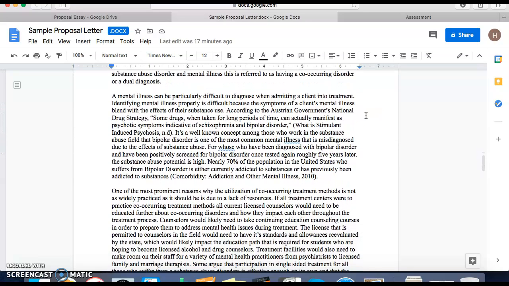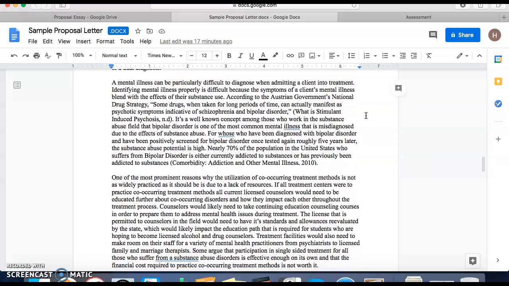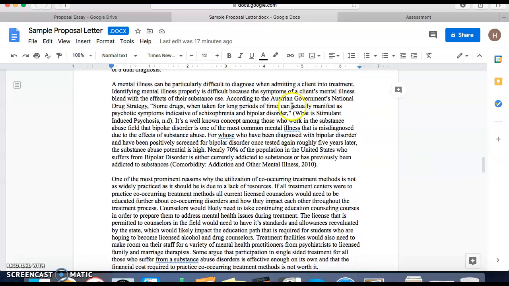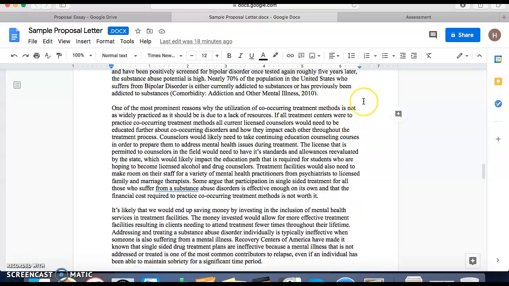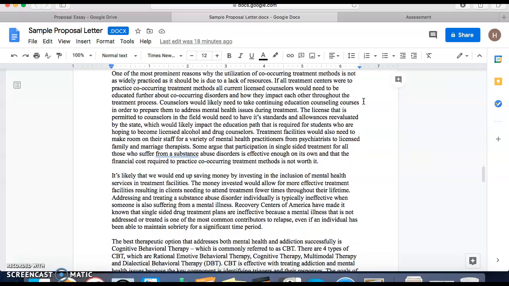And then we move into why this is a problem, why it's so difficult to diagnose a mental illness when someone already has a substance abuse disorder, and how 70% of the population in the United States who suffers from bipolar disorder suffers also from substance abuse disorder, and how prevalent this issue is.